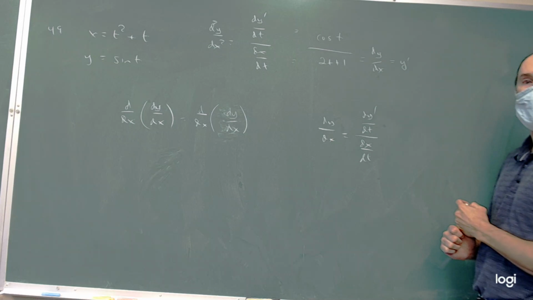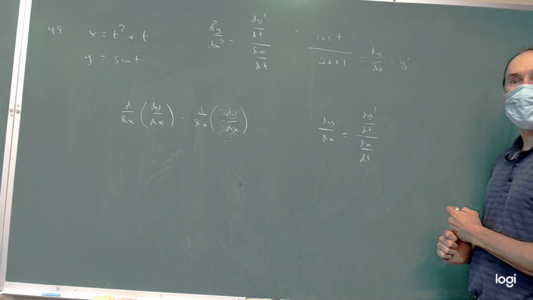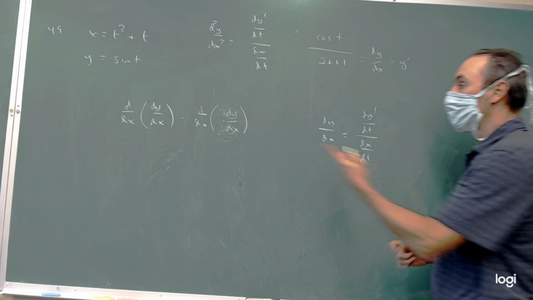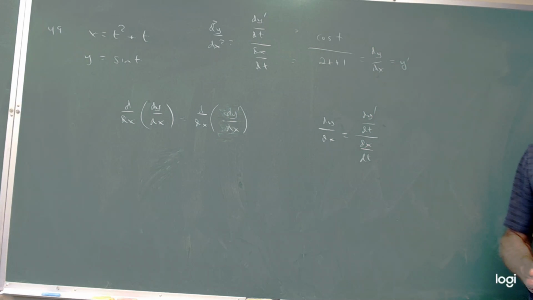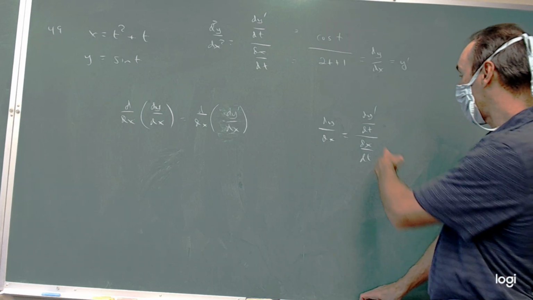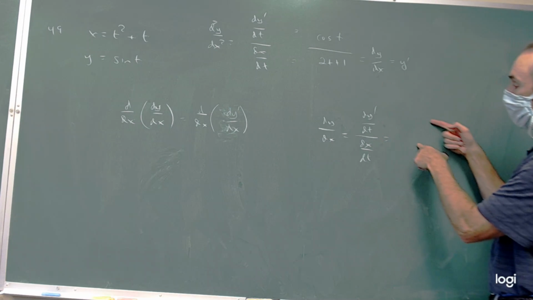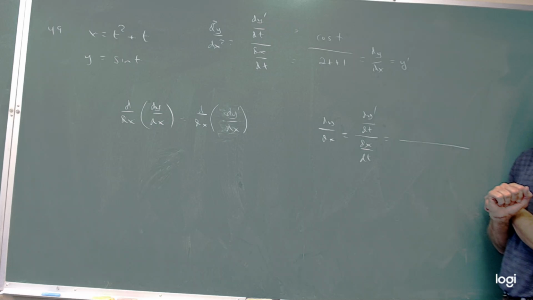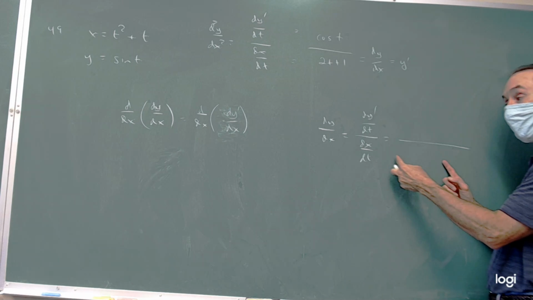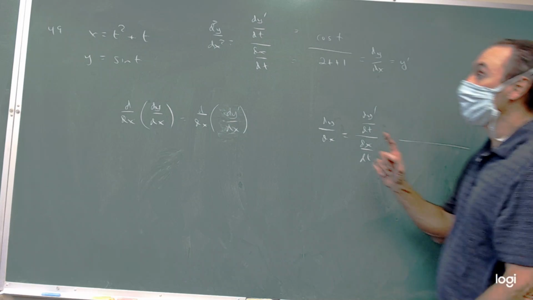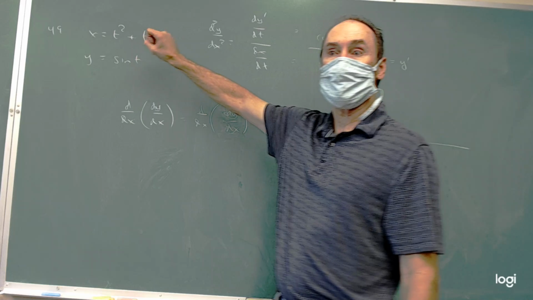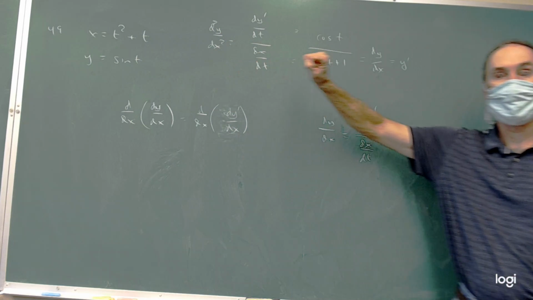This is our y prime function. So the derivative of this is going to be the derivative of that. That means we're going to take the derivative of the y prime function with respect to t, but we're going to divide it by that same dx/dt that we got from taking that derivative, 2t plus 1.